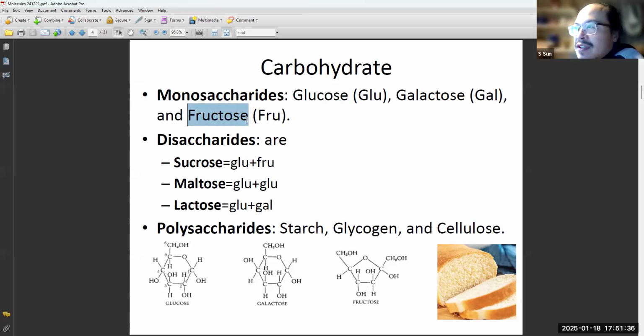What people don't really pay attention to is when they get fructose, because fructose is very commonly seen in our juice. With that one, you have no digestion. You basically just drink it, and it goes into your small intestine very quickly. Fluid digestion is very quick. Because this is already a monomer, it doesn't take any time to be digested.